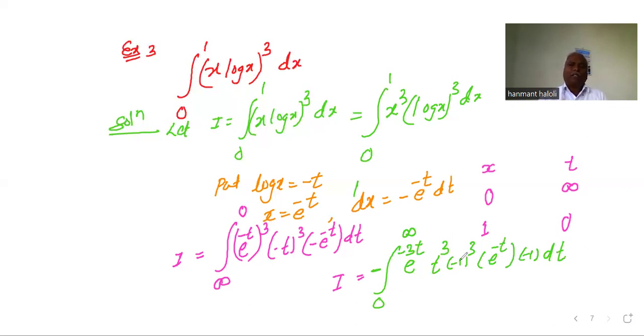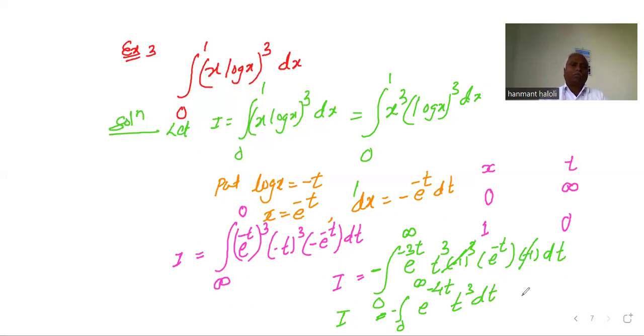Now I can stick this minus sign here: minus 1 raised to 3 means minus 1, and here also minus 1 becomes a plus sign, and now the exponential powers you can collect together. Integral I equals integral with limits 0 to infinity of e raised to minus t, and here minus 3 you get minus 4t, t raised to 3 dt.